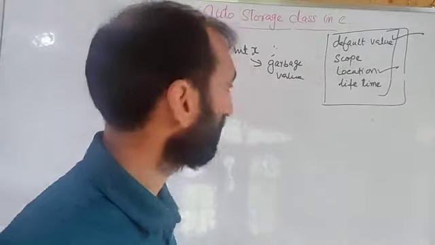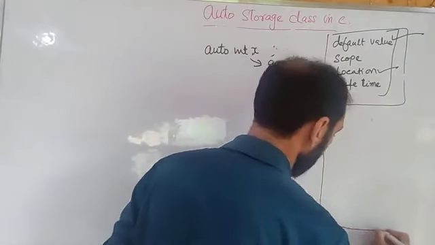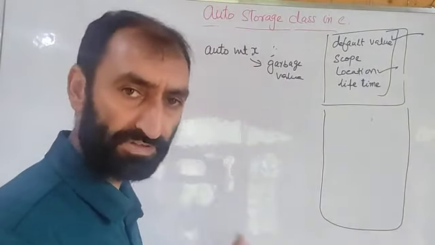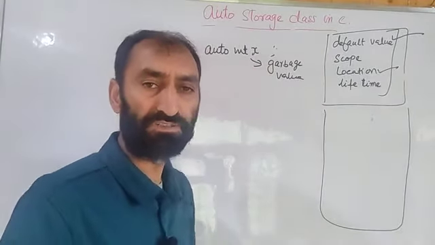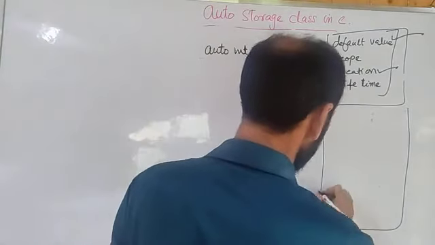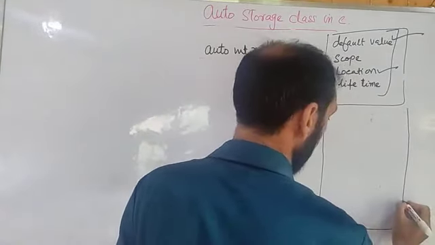Where is this variable going to be stored, in the RAM or in the registers? As I have also told you, whenever we execute any program, memory is allocated from different sections of the memory, or there is a memory layout.